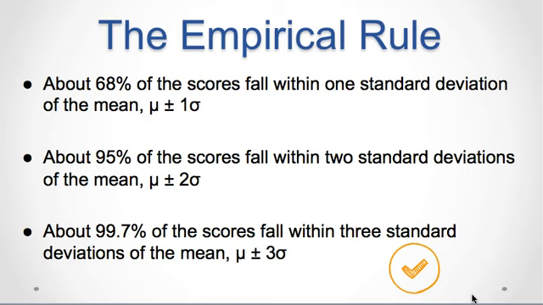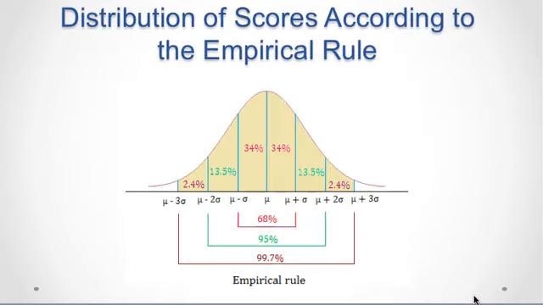This means that it would be very unusual for a score to fall more than 3 standard deviations from the mean. Typically, in the behavior sciences, any score that falls more than 2 standard deviations from the mean would be considered outliers. Here is a graphical representation of the empirical rule.